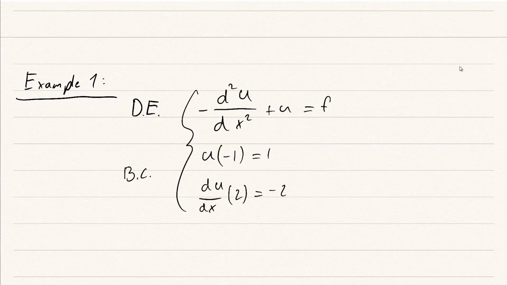I'm gonna show you an example using a pretty general second order differential equation here. And note that we also have this u, and I will show you how to handle that.